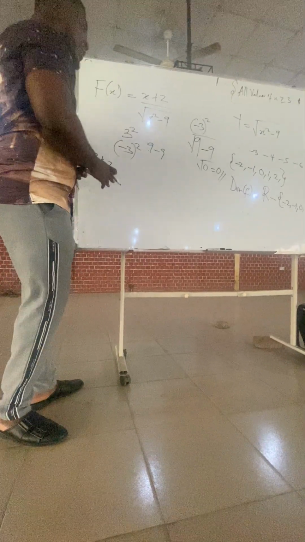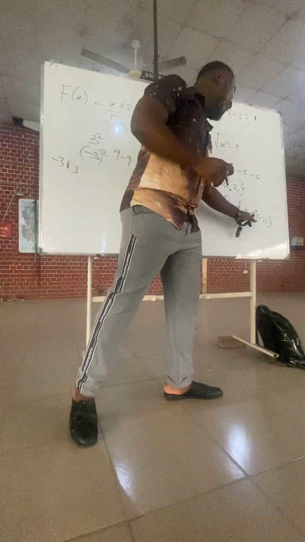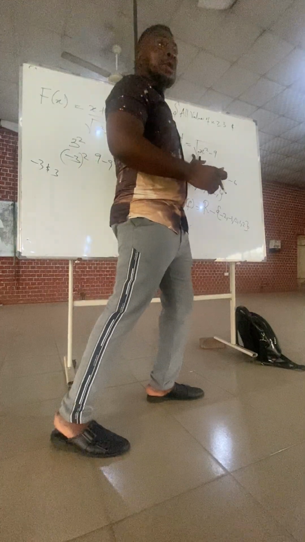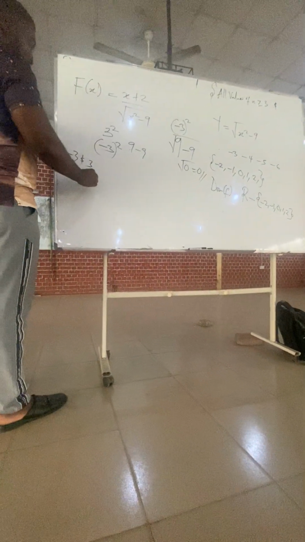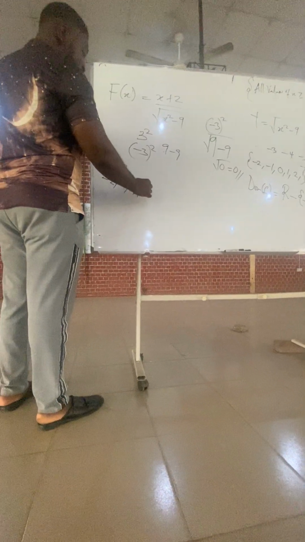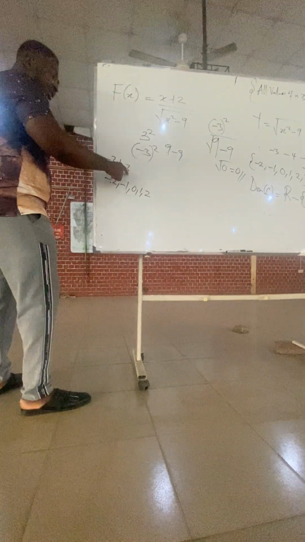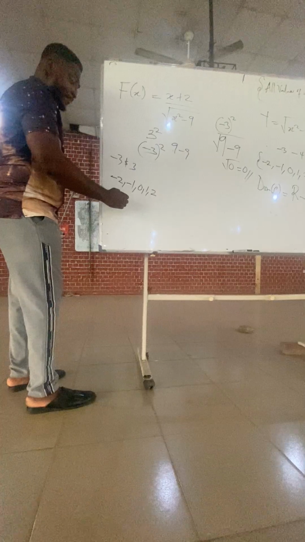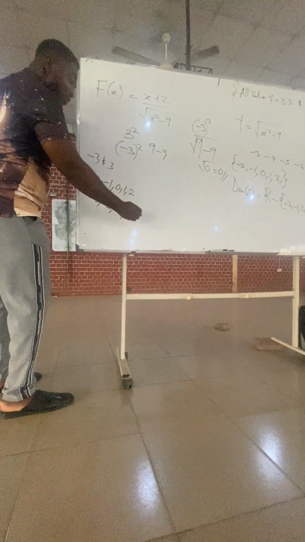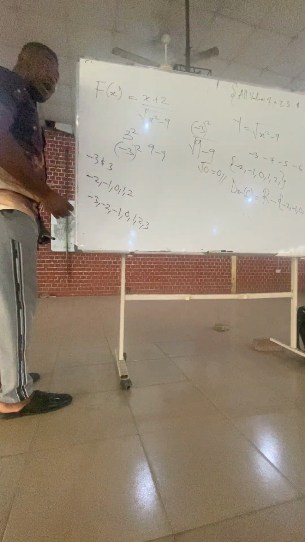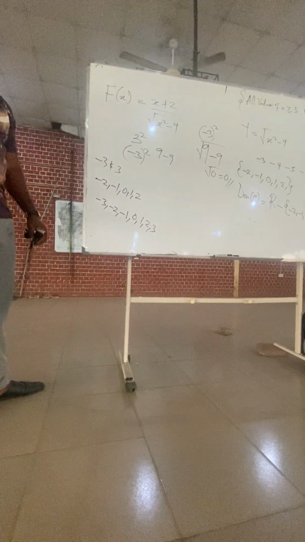Now, apart from these two, we also have a set of numbers that we know before cannot be our domain. When this function was on its own, what were those numbers? Minus 2, minus 1, 0, 1, 2. So adding minus 3 and 3 to them, we have minus 3, minus 2, minus 1, 0, 1, 2, 3. All these cannot be our domain.